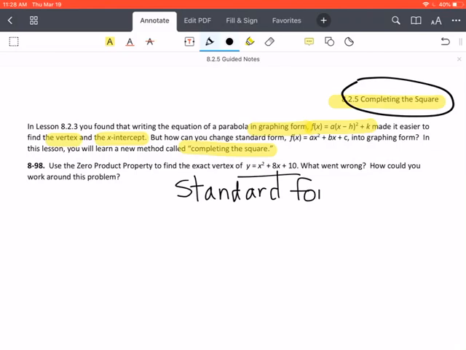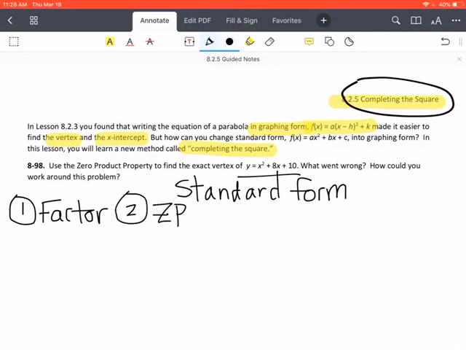So when we are in standard form and we are asked to find anything out about this quadratic function, we need to first attempt to factor. And then if we can factor, we then apply what we call ZPP, which utilizes the idea that if we have two factors set equal to 0, then we can use mini equations to solve for those x-intercepts.